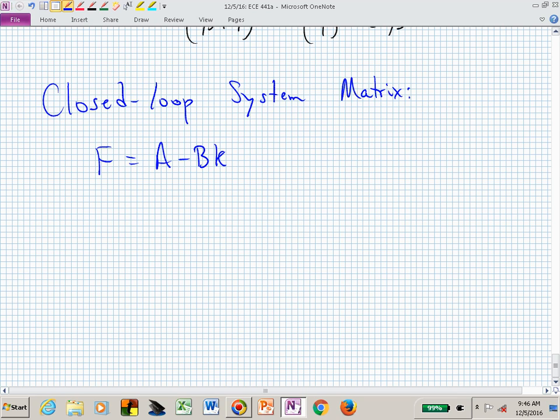where you can go through the derivation, but now our A matrix was that, our B matrix was 0, 1, and our K was K1, K2.